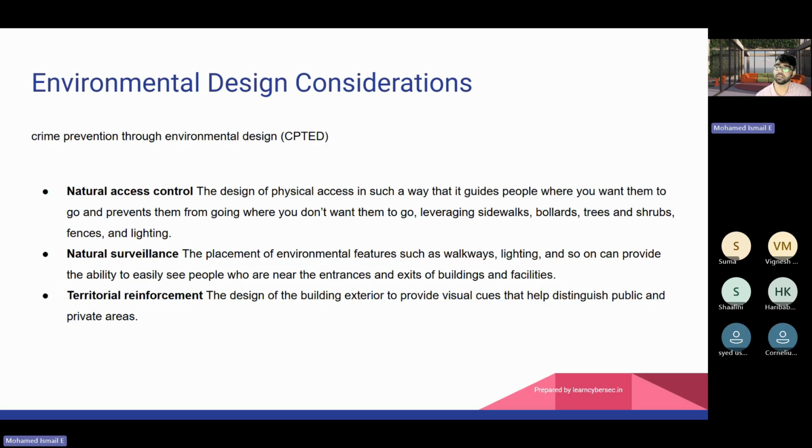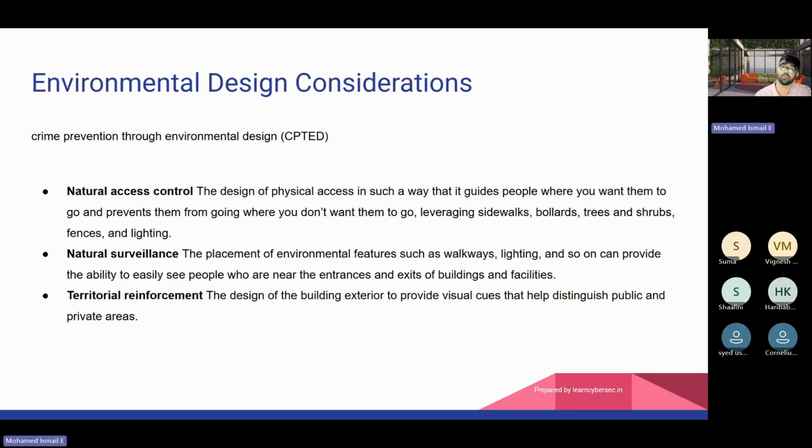Environmental design consideration. As I said, if you take any castle or old structural buildings, if you ever visited the Madurai Meenakshi Amman temple, you can see the four sides are protected, with the temple located in the middle. That type of architecture, the environment itself is designed for security. That's how it evolved from history, and we can use that in industry.